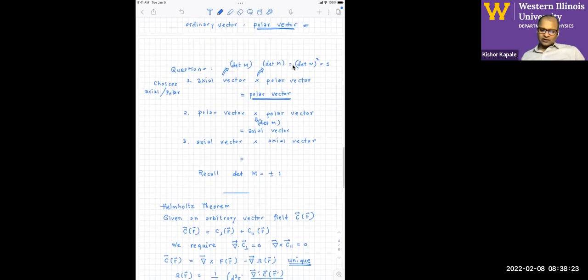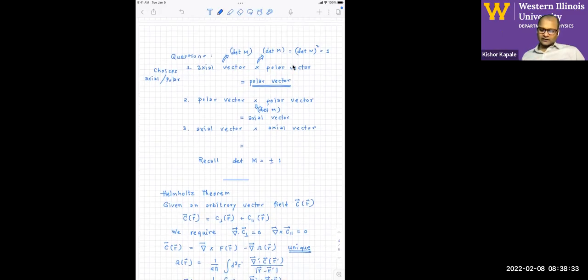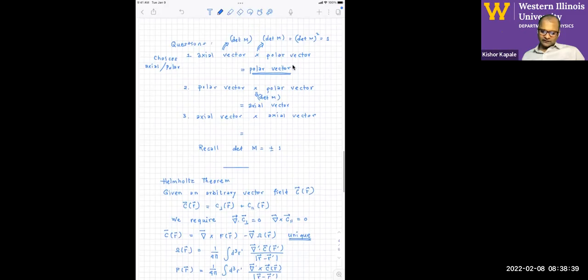If you get even powers of determinant M, then it's like an ordinary vector. If it's an odd power of determinant M, then you get an axial vector. That's all there is to it. Thankfully, there are only two kinds, and they're very easy to figure out.